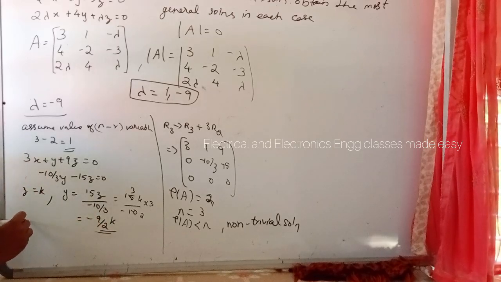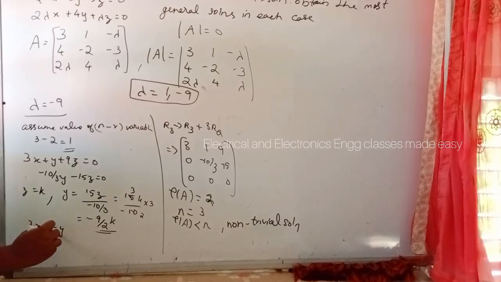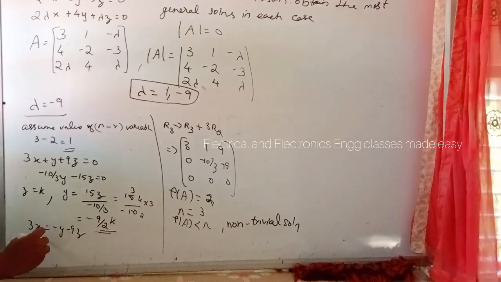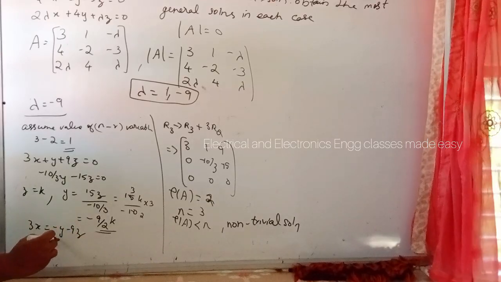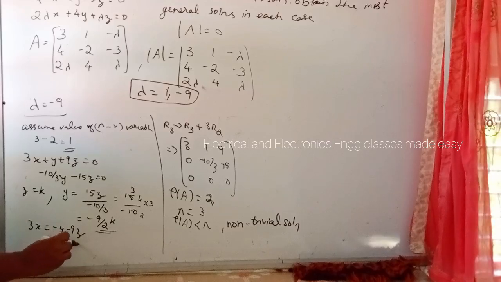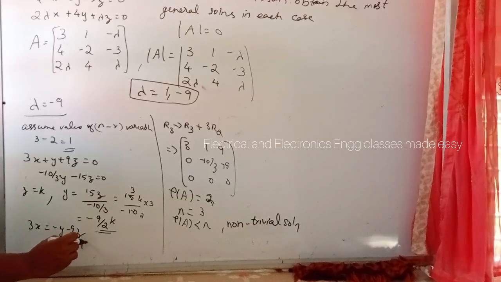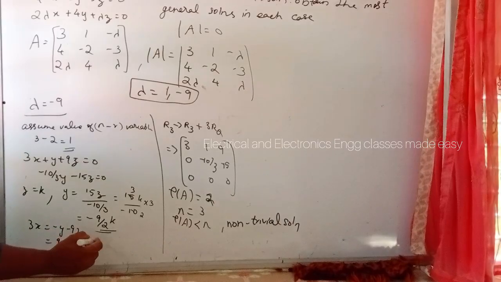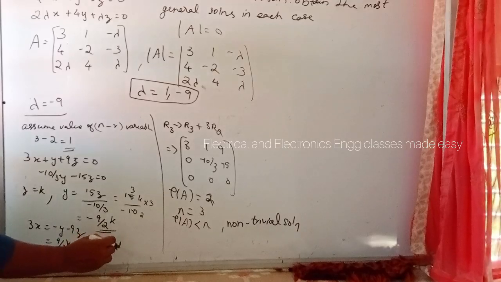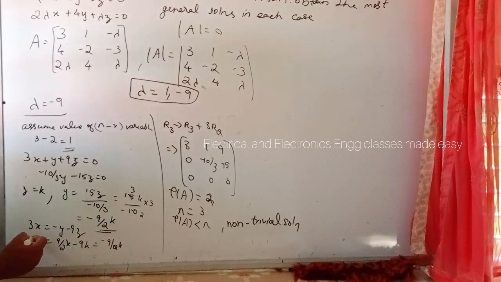Then from the first equation we can write 3x equal to minus y minus 9z, that is 9 by 2k, then minus 9k, that is equal to minus 9 by 2k, and that is 3x.